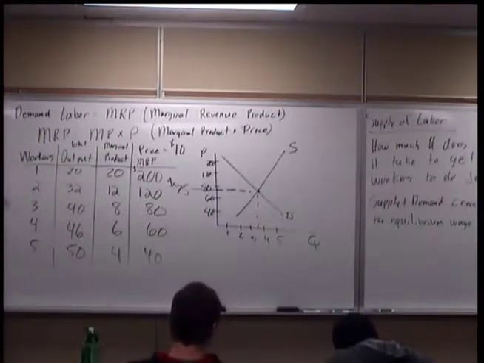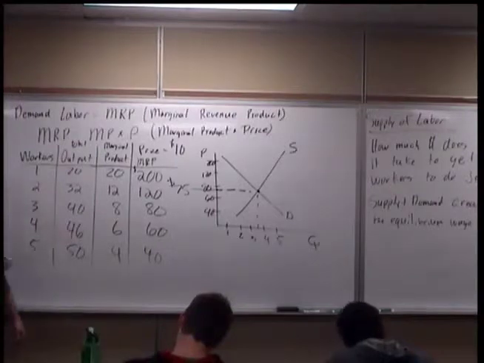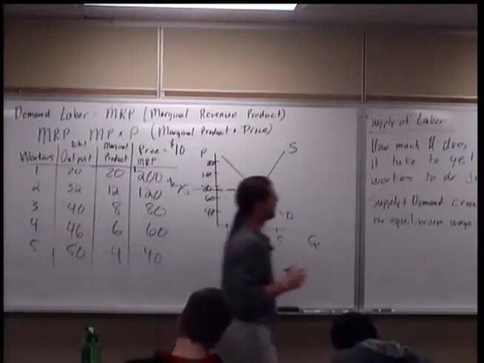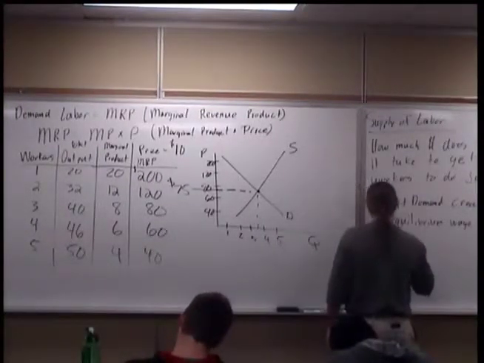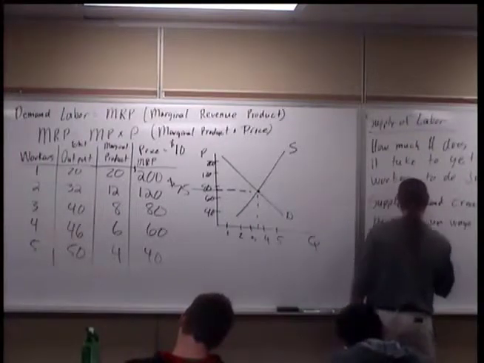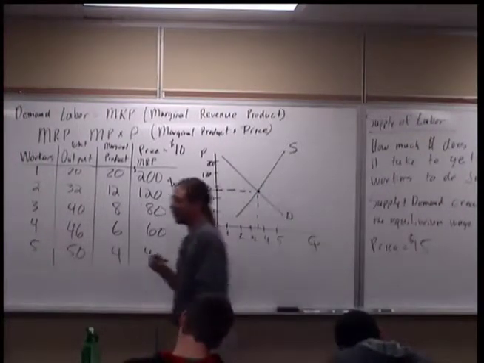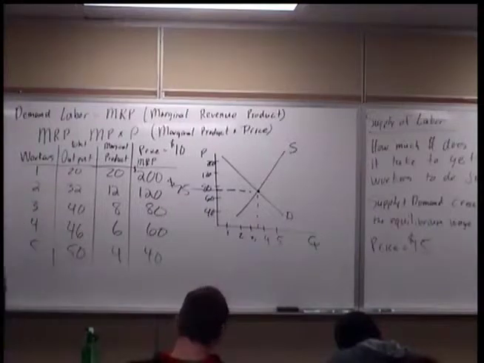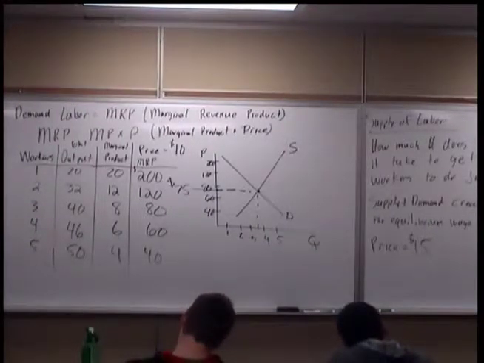So in this given example that I've given you right here, suppose for some bizarre, weird reason, the price of the product went up to $15 per product. Now how many people would this company hire? Well, they could hire all.